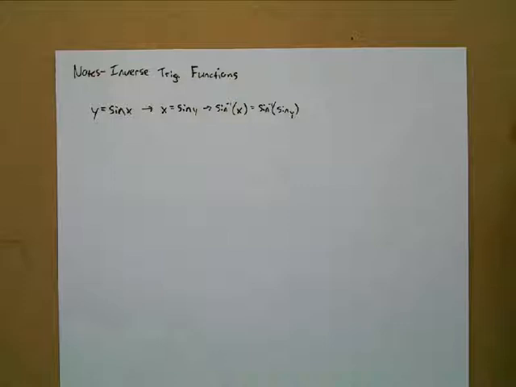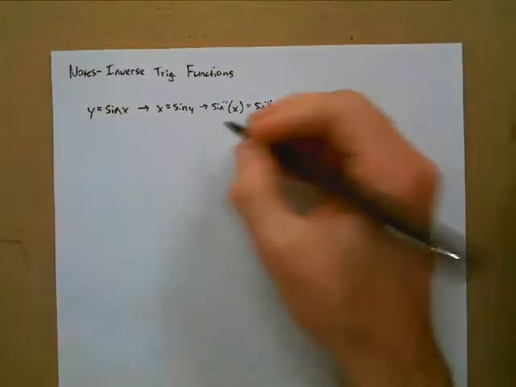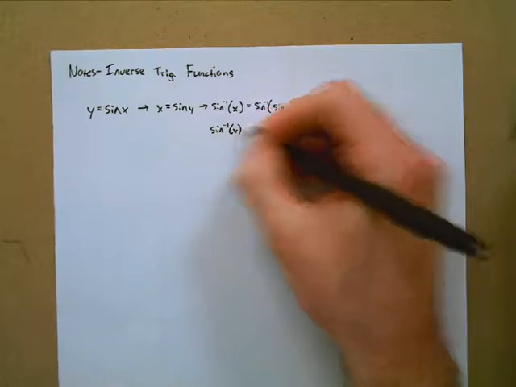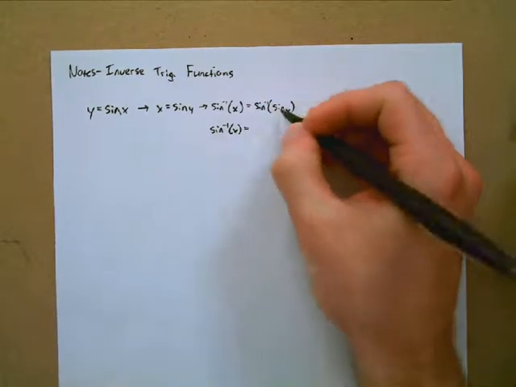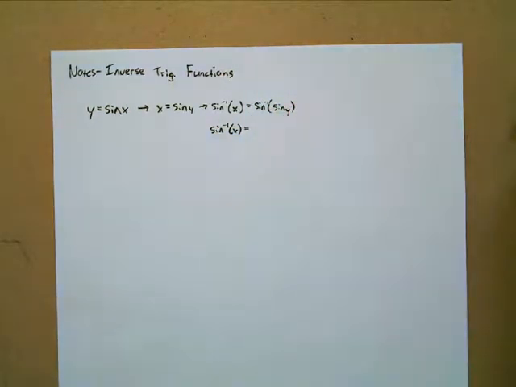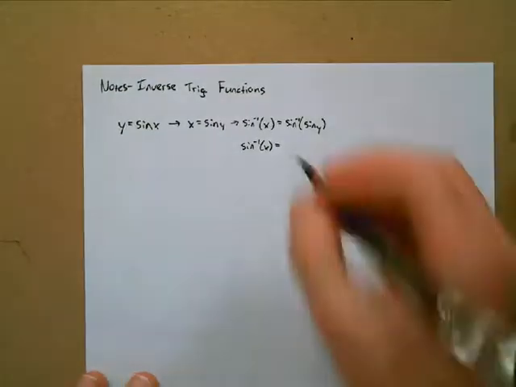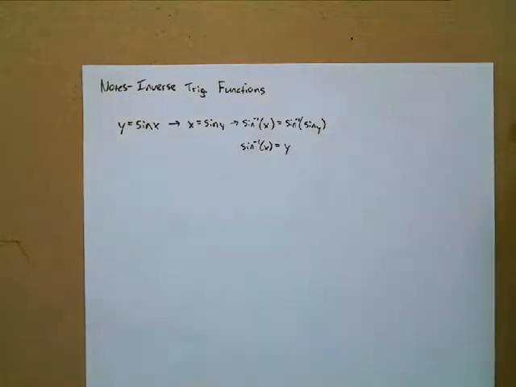Now, the sine inverse of x doesn't simplify any further. We're kind of done with that. Sine inverse of sine, because sine inverse is defined to be the inverse of sine, they are supposed to cancel each other out and leave us with just y. And so y is the sine inverse of x, and that is the inverse function. That's how we denote it.